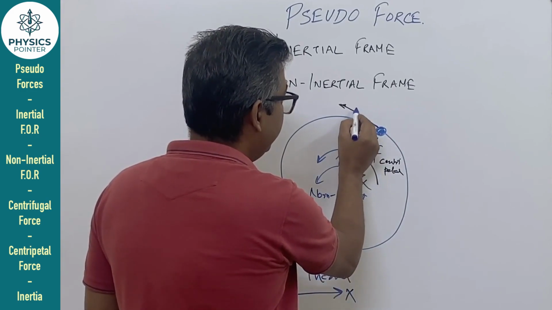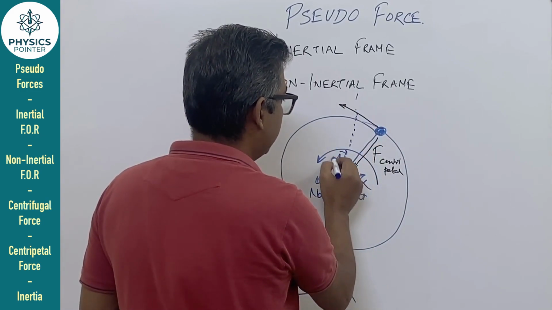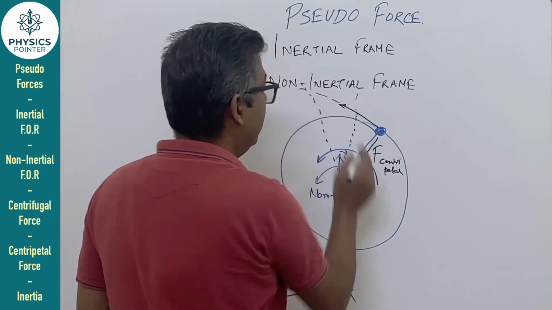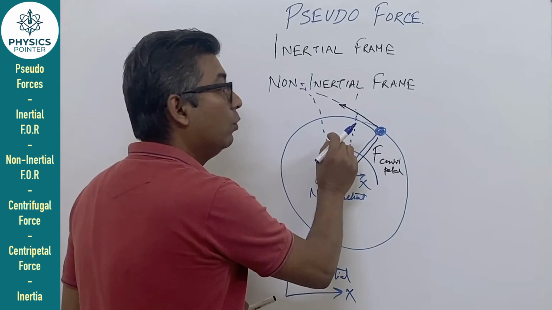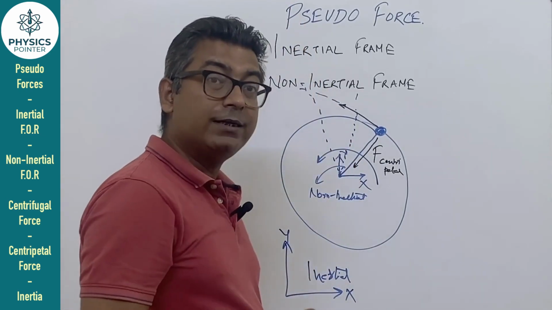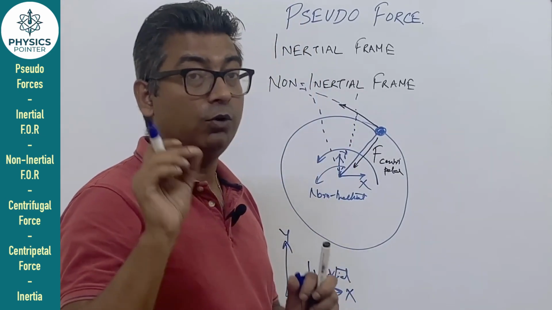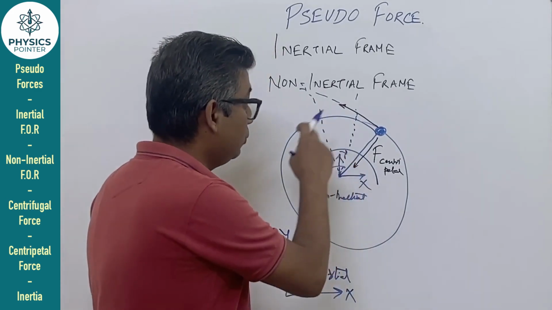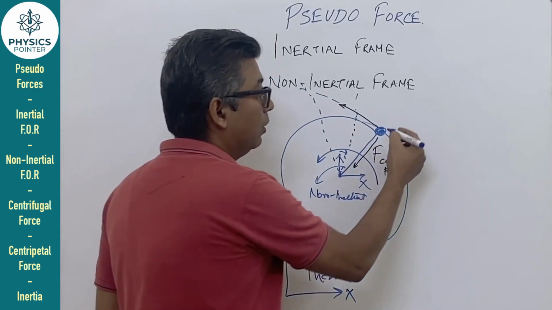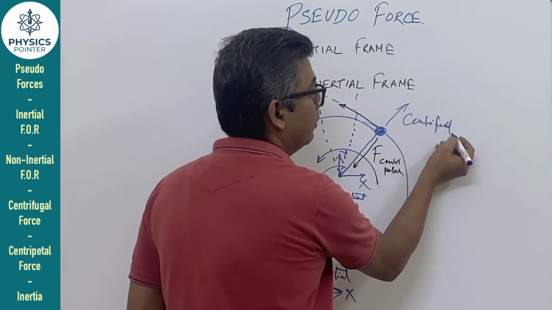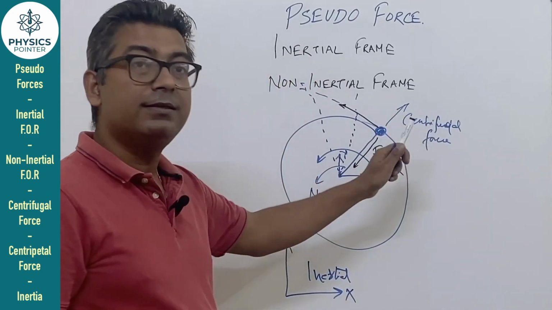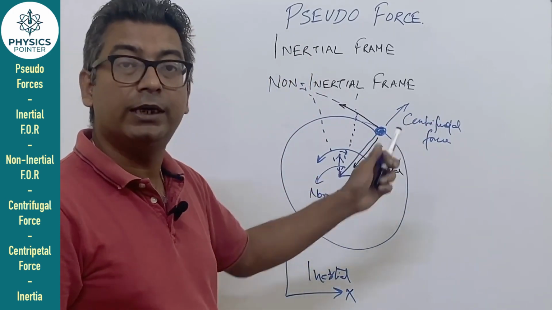So the body will feel like it's going like this, after some time like this. So you will always feel that the body is going radially outward. So that's just a feeling, but that's not what is actually happening. To counter this, you come up with a concept that there is a centrifugal force. And you try to balance this centrifugal force with the tension and everything.